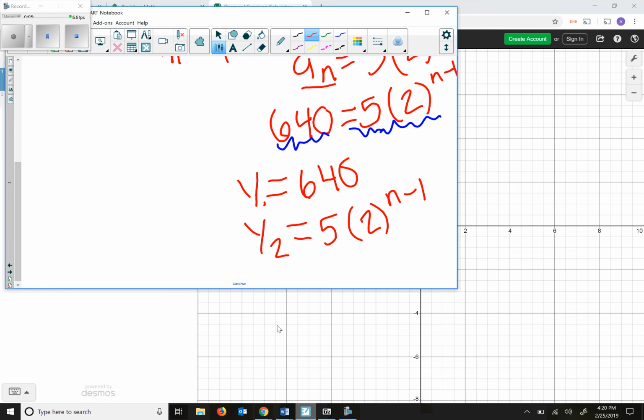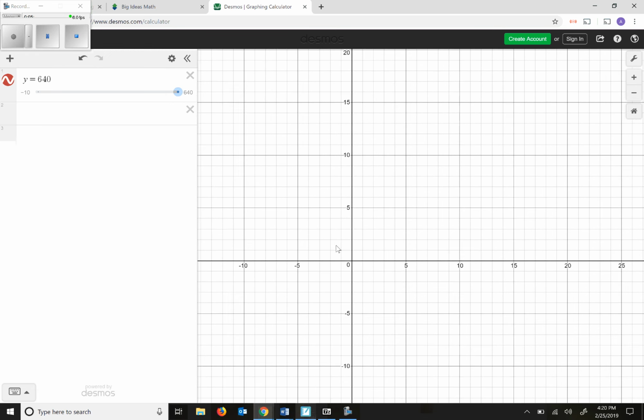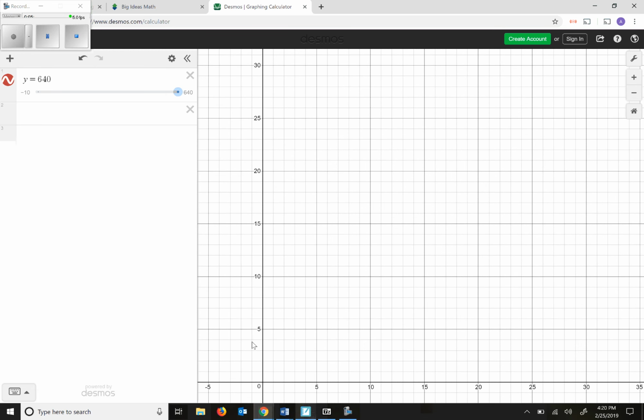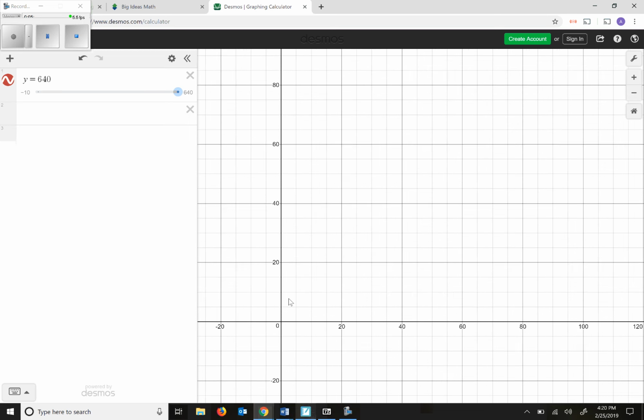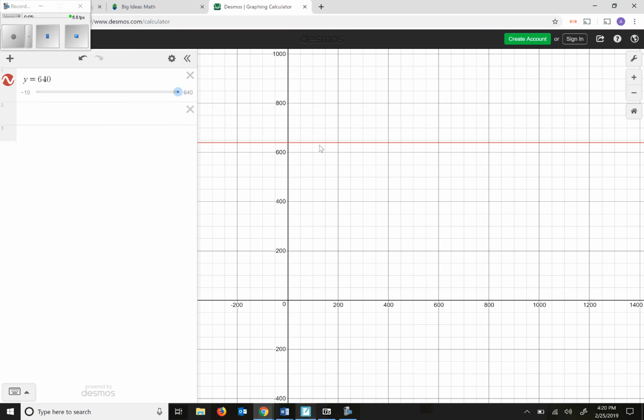So now we're going to go into Desmos, and we're just going to type those equations in. We're going to do y equals 640. So there's our first equation. We're going to have to zoom out just a little bit so I can see that 640. Just a little further. Okay, so there's 640.